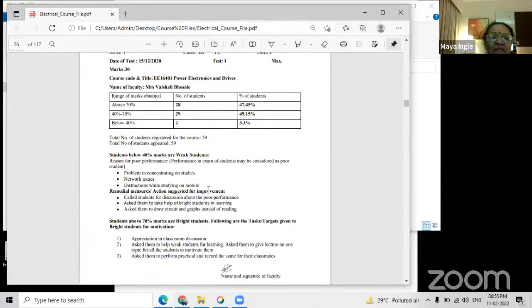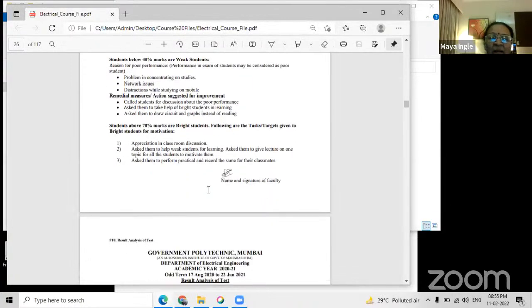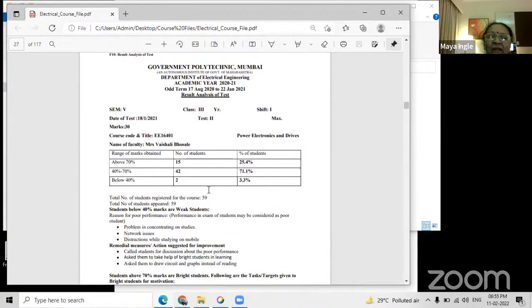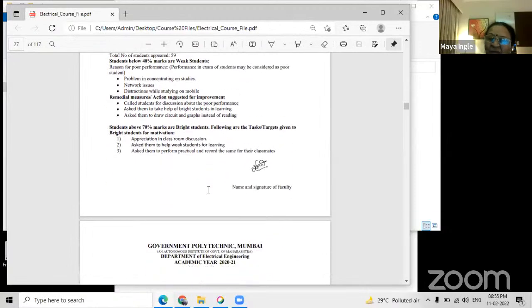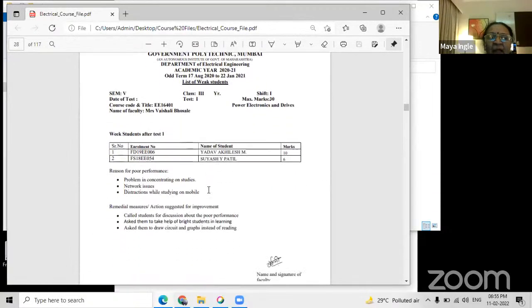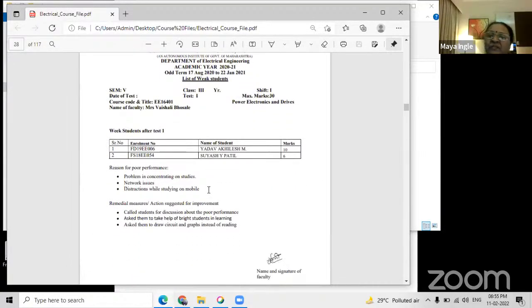All these details are to be written here in result analysis, including result analysis of the test. Then the list of weak students. When we deliver the lectures and ask questions during our class, we can assess who the weaker students are, or there are many other means with the help of which it becomes possible for us to judge.